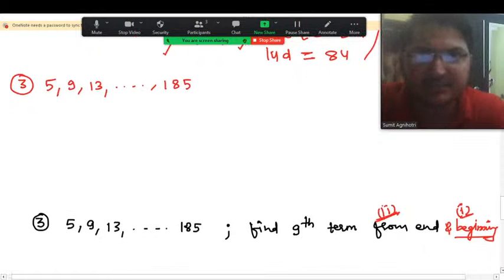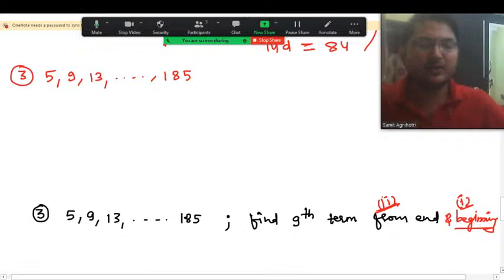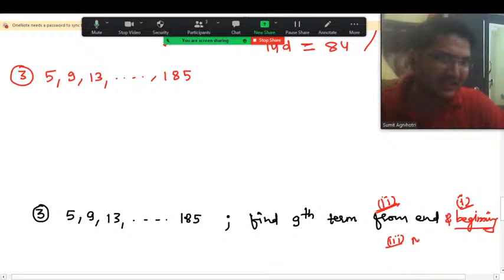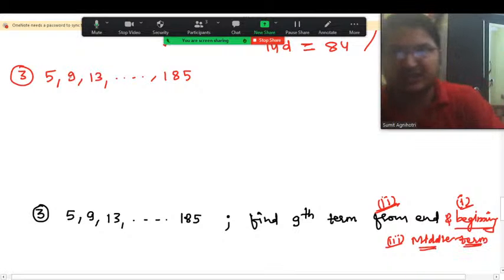The sequence is properly written, and you can also write it in your record, and then you answer. There are three parts in this question. The first part is find the ninth term from beginning.